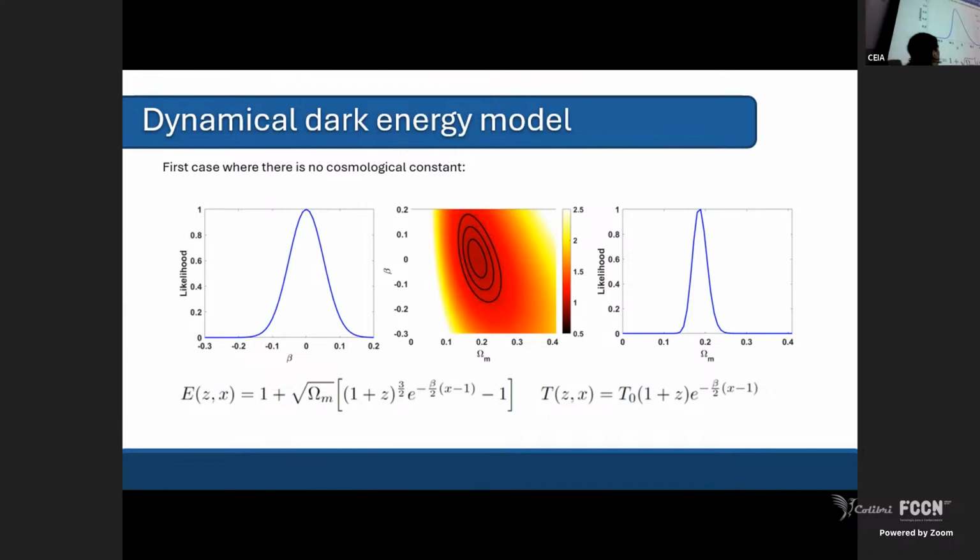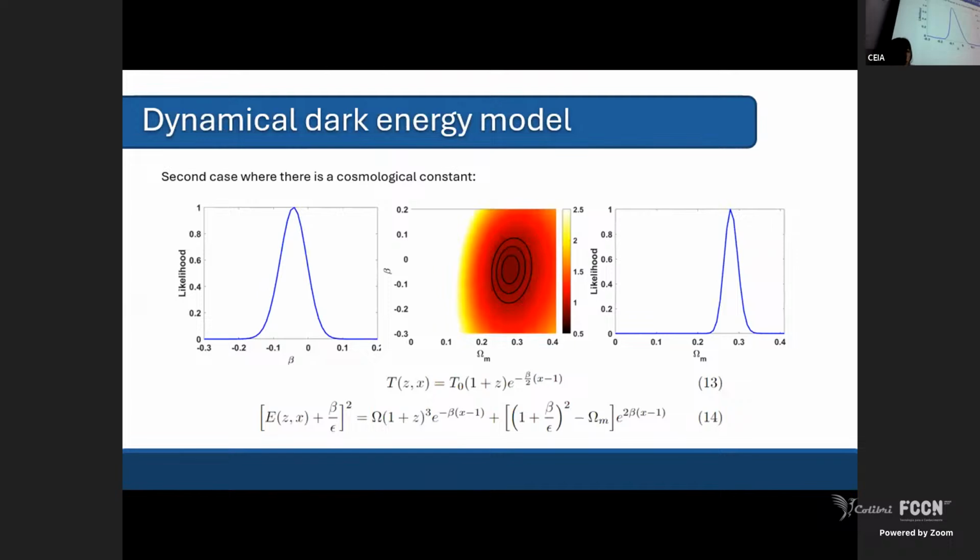We can see now that beta also wants to be close to 0, and omega is a bit off here. But if we take the beta value to the function of the temperature, you will get again lambda CDM. So the exponential cancels out, and we have lambda CDM. And this is a case where we are not adding a cosmological constant.